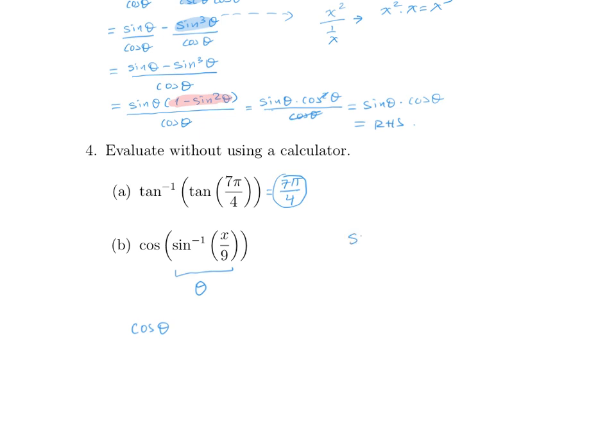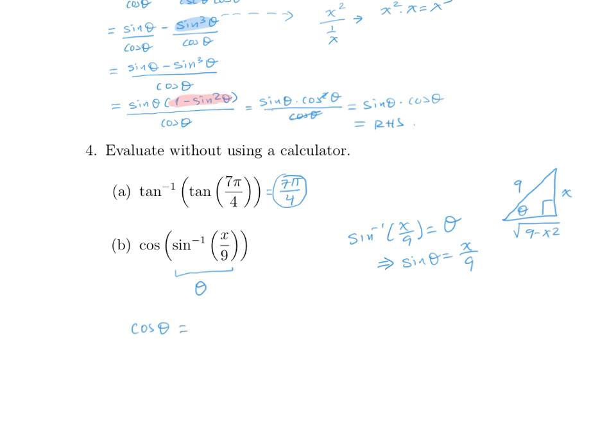So therefore, we have sine inverse of x over 9 will be equals to theta. This implies that sine of theta has to be x over 9. And then you had to create a triangle, just like we have done multiple times. So this is theta, this is x, this is 9. And therefore, this will be the square root of 9 squared minus x squared.